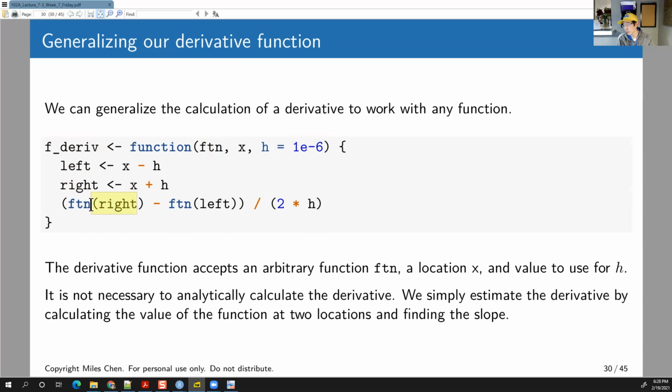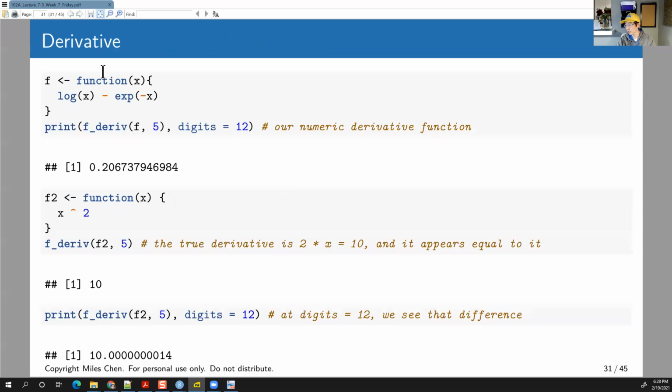We evaluate the function on the right-hand side, evaluate the function on the left-hand side, take that difference, and divide by 2 times h. Okay. And so we can just put in some arbitrary function. So we can see, here's the thing that we did earlier with f. And if I plug f into here, what's the derivative of f at 5? Okay, I get my approximation here.